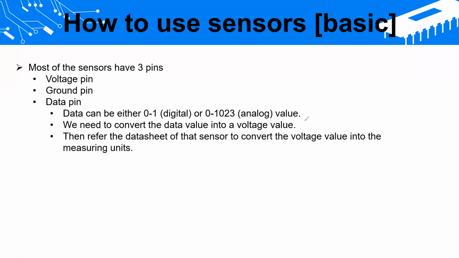So if that sensor gives this much voltage, the temperature should be a value like this. It has that plotting in the data sheet.